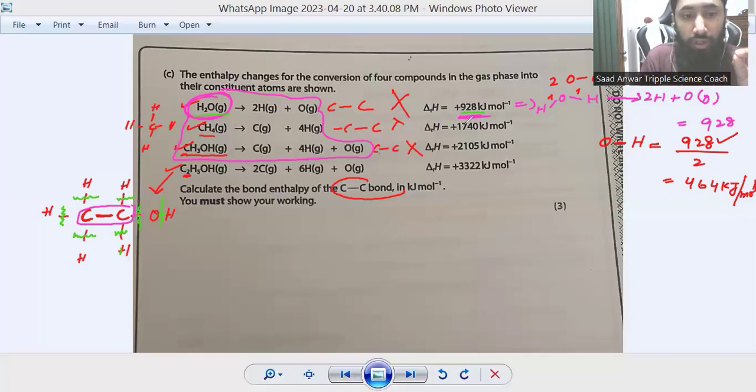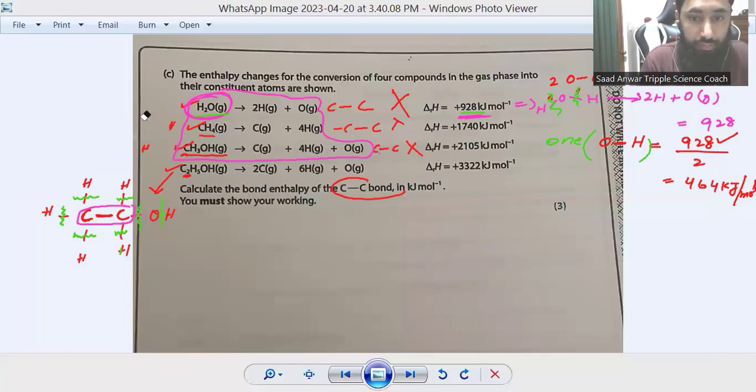Within the water molecule there are 2 oxygen-hydrogen bonds. To break both bonds the total energy is 928, so for one oxygen-hydrogen bond you have to divide 928 by 2.